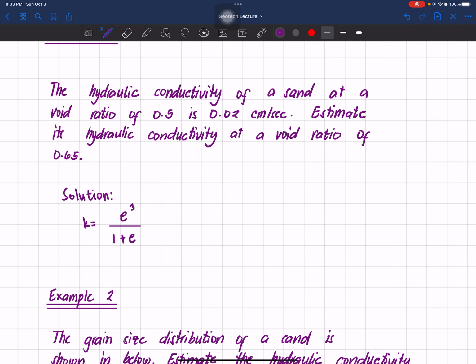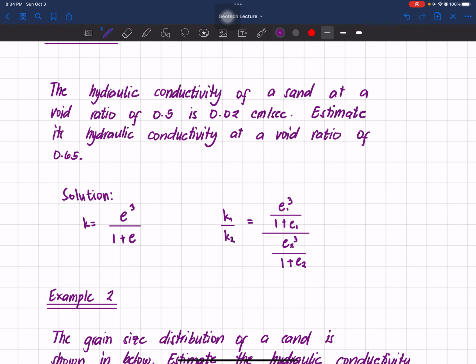We can say that K1 over K2 is equal to e1 cubed all over 1 plus e1, all over e2 cubed all over 1 plus e2.